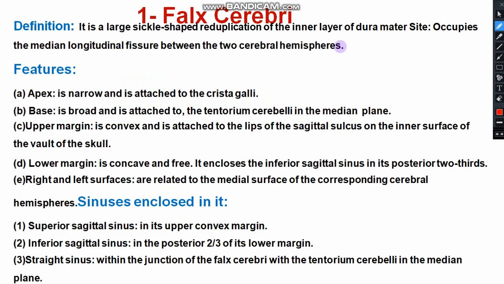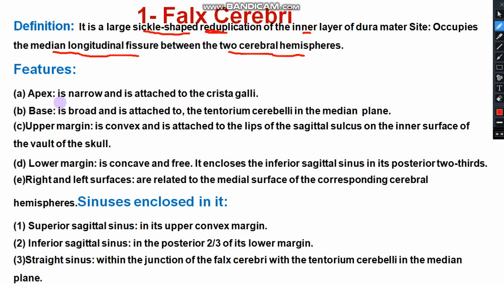So what we have seen in falx cerebri till now: first, it is large and sickle shaped, and it is formed by the reduplication of the inner layer of dura mater. Remember this term. It occupies the median longitudinal fissure between the two cerebral hemispheres.